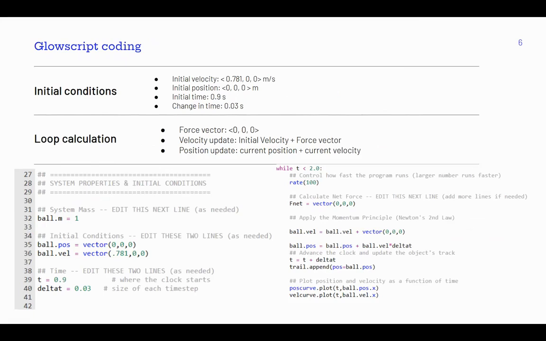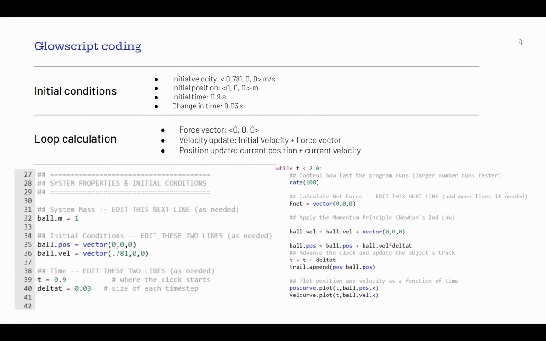For the GlowScript coding, we used our initial conditions: the initial velocity, which was 0.781 in the x direction and no velocity in other directions, initial position to be 0, 0, 0, the initial time to be 0.9, and the change in time to be 0.03.